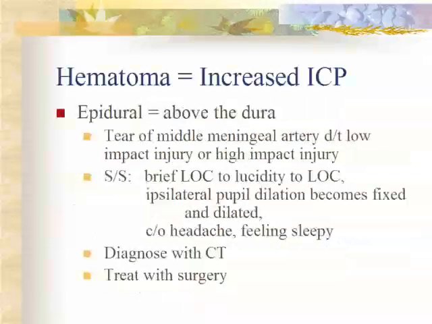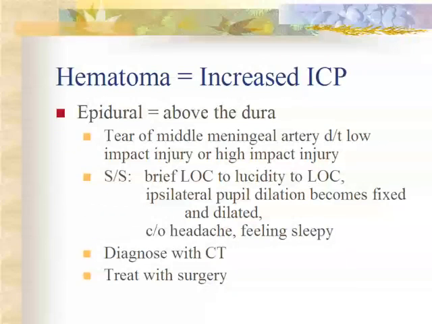Hematoma causes increased intracranial pressure. An epidural hematoma is above the dura. It causes a tear of the middle meningeal artery due to low impact injury or high impact injury.